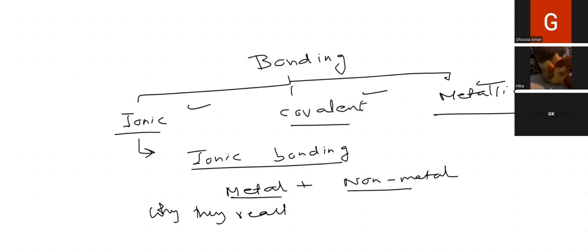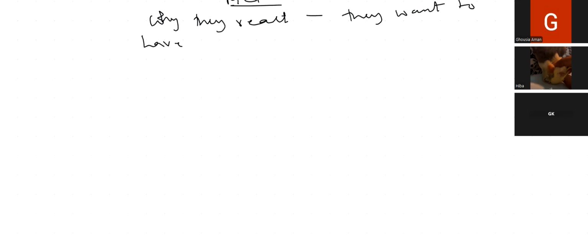The reason is they want to have a complete outer shell. What is the meaning of complete outer shell? Complete outer shell means having 8 electrons in the last shell.